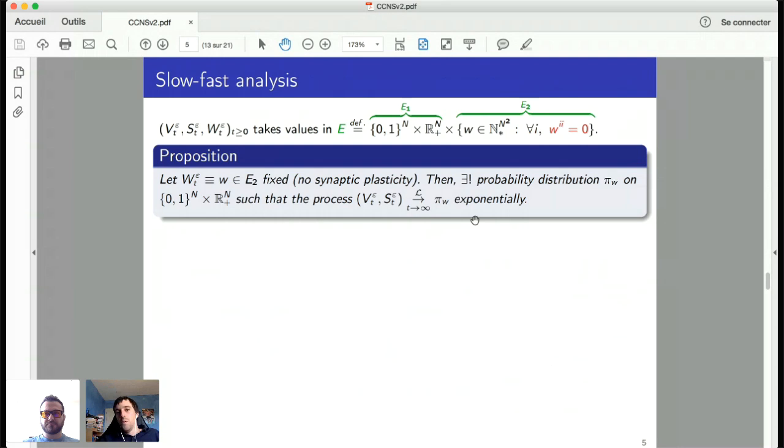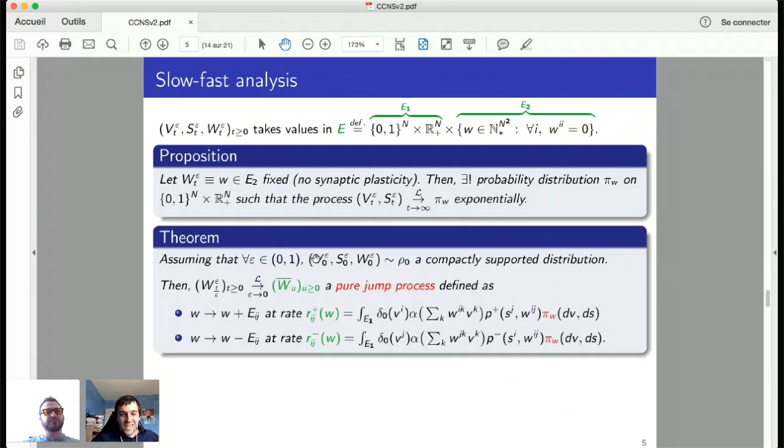Then we look at the dynamic of the weight on the accelerated time scale, t over epsilon. And we show that on this time scale, the weights will converge to a process that we can describe thanks to the invariant measure P_W.